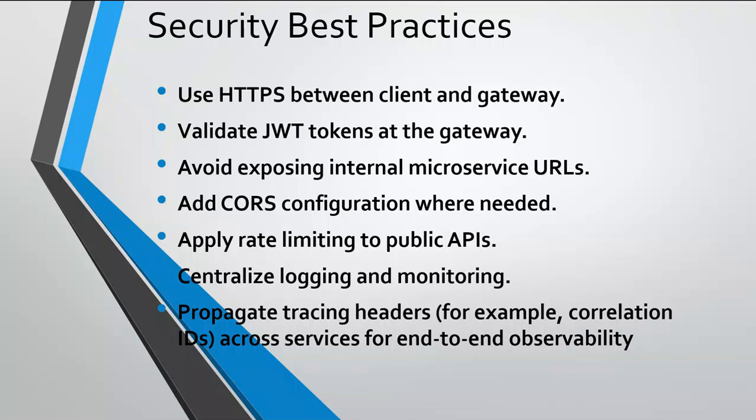Add CORS configuration where needed, so a CORS policy will be there. Apply rate limiting to public APIs, otherwise it will be flooded with a lot of requests and other services will break. Logging and monitoring will be centralized, so it will be easier, and for debugging also it will be very useful.